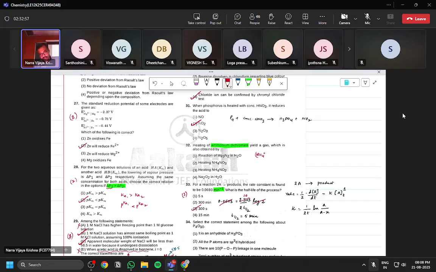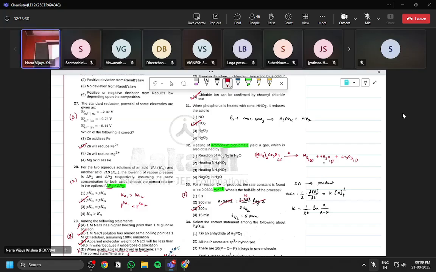(NH4)2Cr2O7, orange colored crystals, on heating produces N2 gas. Any ammonium compound, if you have oxygen, what do I have to do first? Remove water. How many water molecules will I remove? 8 hydrogens, means 4 H2O I can remove. If 4 H2O is removed, how many oxygens are left? 3. So Cr2O3.